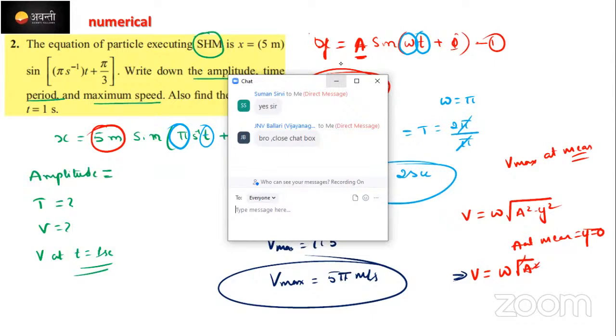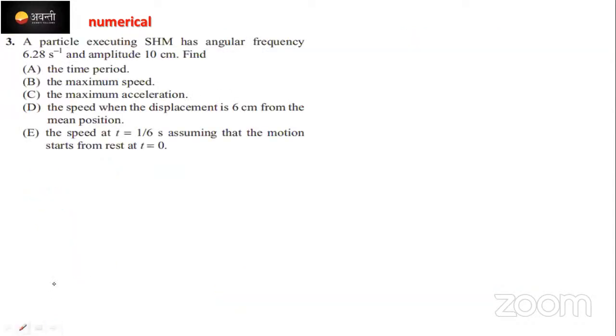Okay, that's great. The next question. The question says here, guys, a lot of concepts will be cleared in one question. A particle executing SHM has an angular frequency of 6.28 per second.